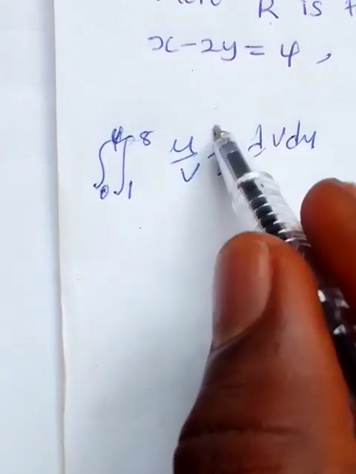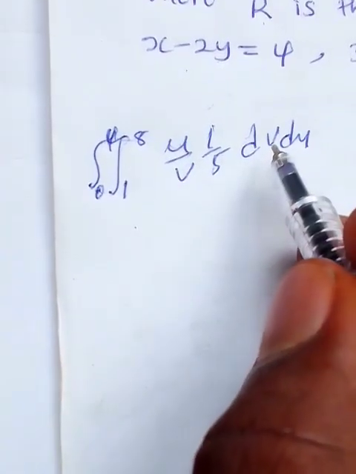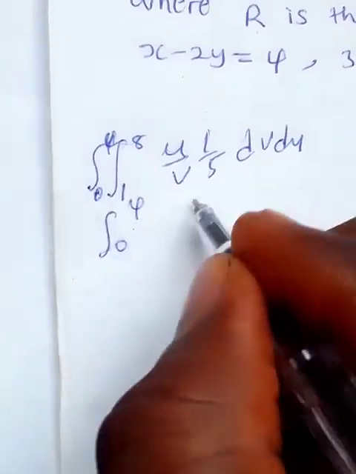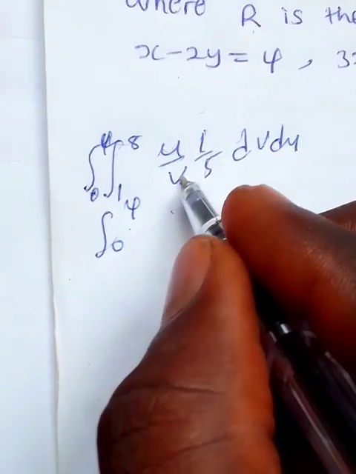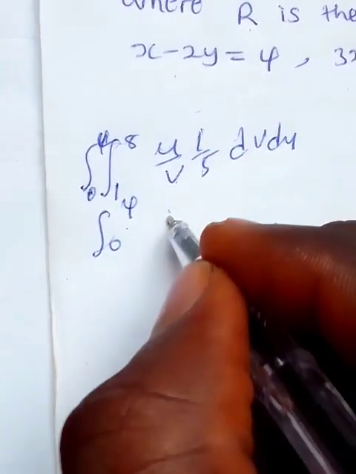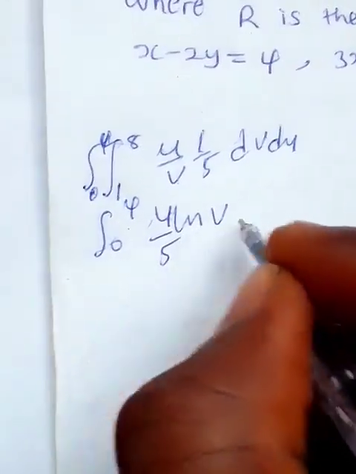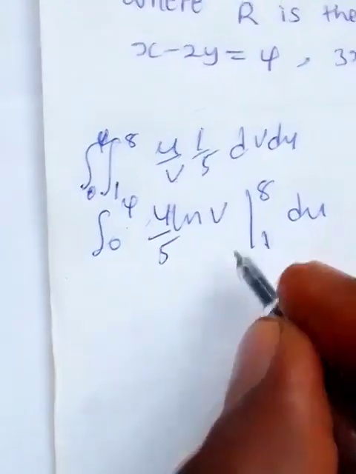We integrate with respect to v first. u over 5 is constant, and we are going to fix u because we have to integrate with respect to v first. So we have 0 to 4, and integrating with respect to v, we have ln v times u over 5, evaluated from 1 to 8, du.